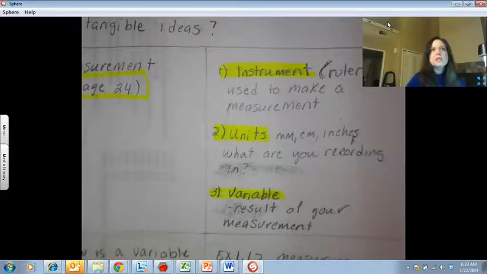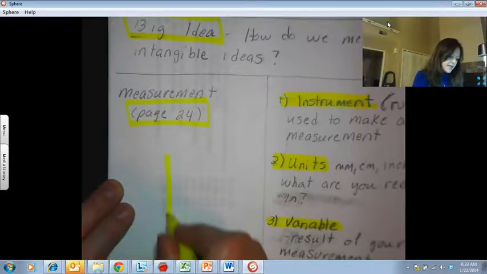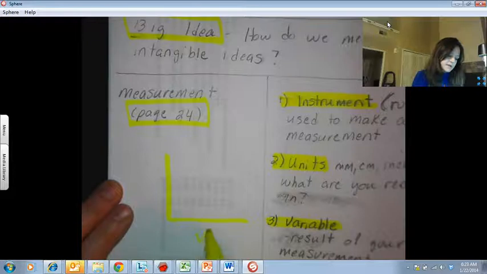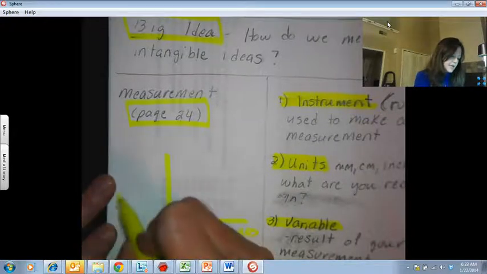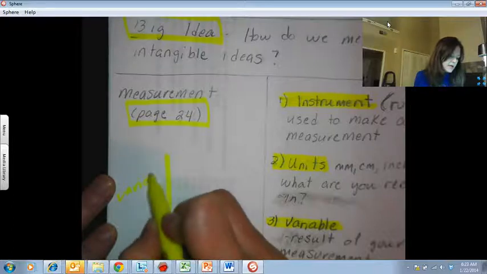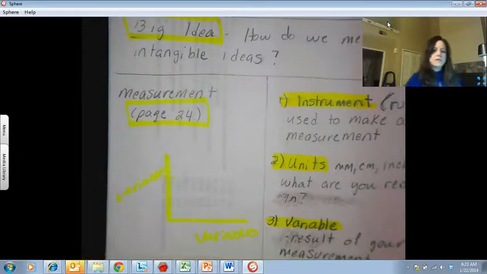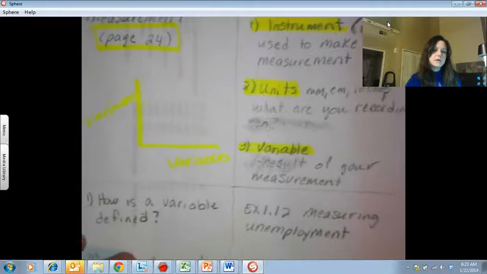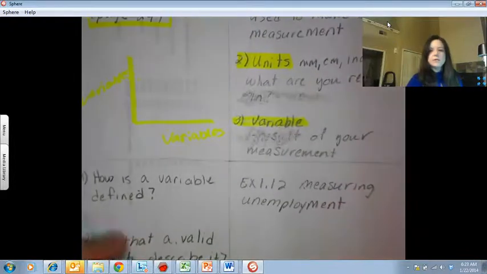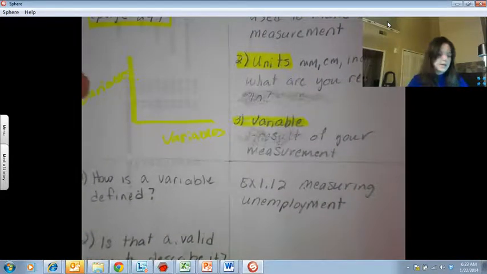The variable could also be, if you're thinking about it, what you would put on the X or Y axis if you were having to label those things when we drew a graph, right? When we do that, we always have the variables. X and Y are the variables. Those would be what you would write down there if you get stuck thinking about it.